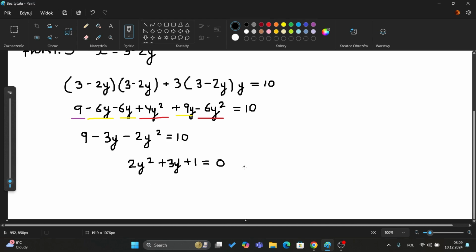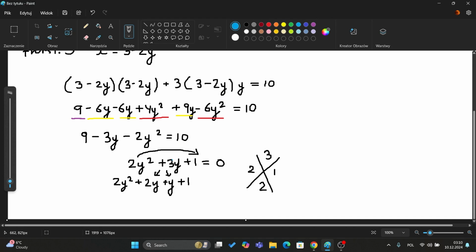I am going to use factorization. That means that there will be 2 and 1, because 2 multiplied by 1 is 2, and the 3 on top, so that is 2 and 1. Now we are going to split here to get 2y squared plus 2y plus y plus 1.